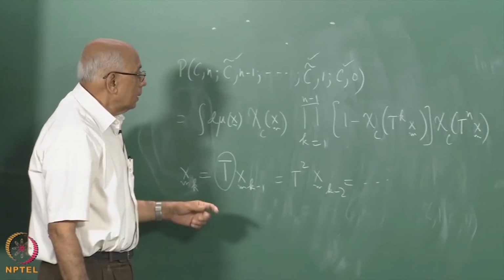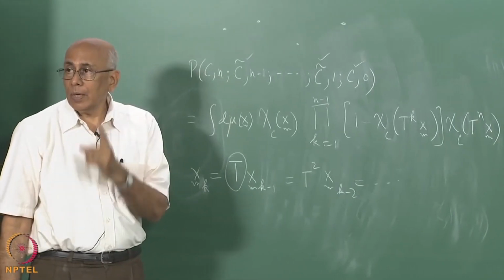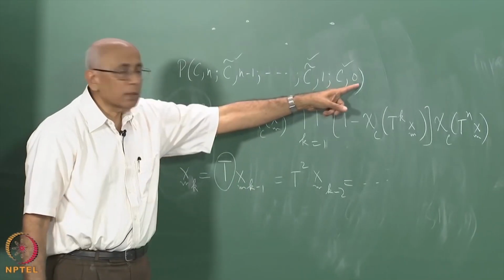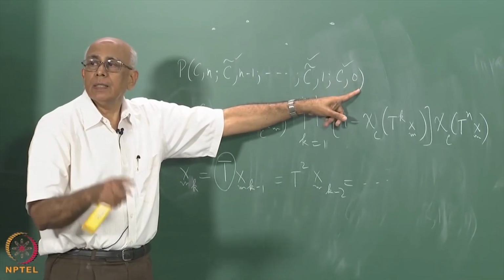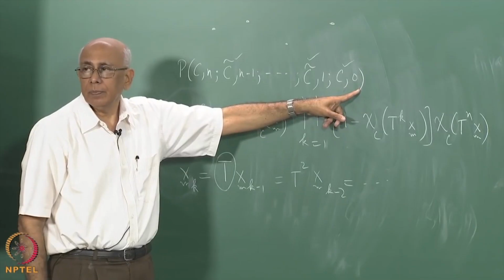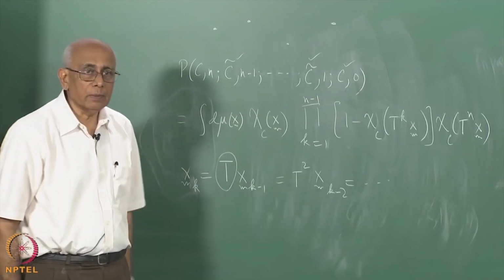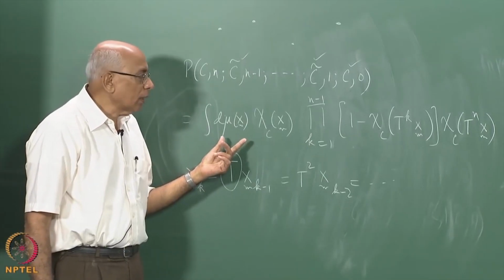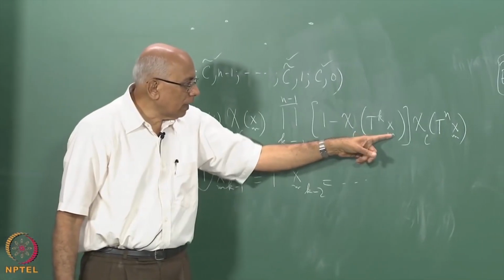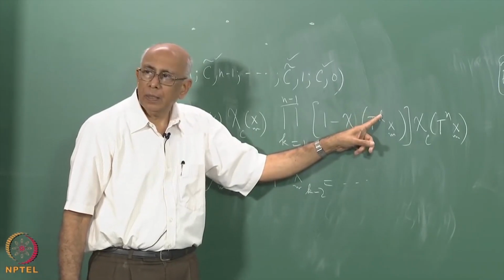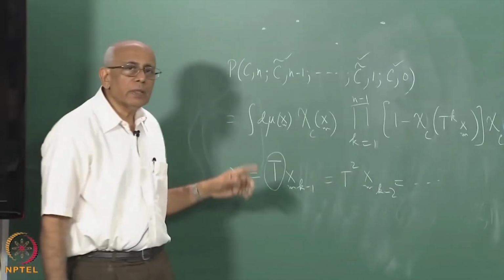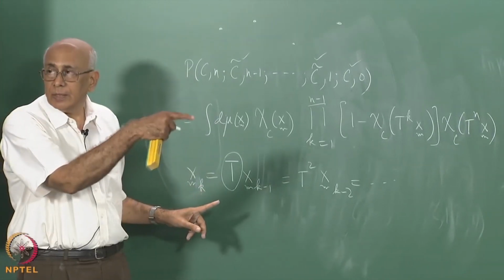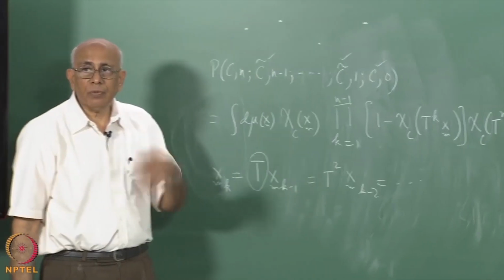There is no conditioning on the initial state, on the initial point, except to say that we want the probability that it's in C, not given that it's in C, so we are integrating over it. But notice that by putting in this time operator, I have got rid of the need to introduce x1, x2, x3 as variables of integration and putting in delta functions all the time.